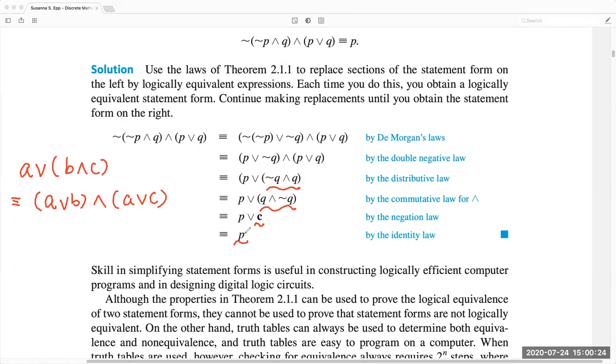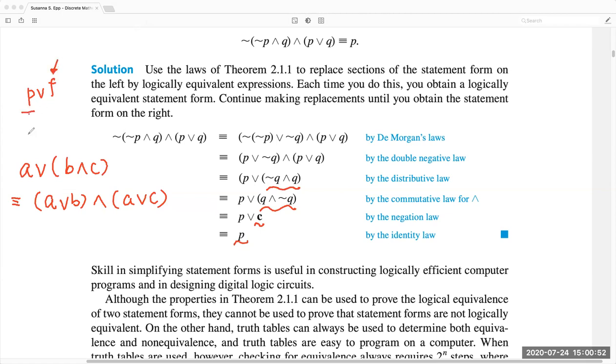I think you may need to spend some time on doing this kind of question to familiarize yourself. Sir, why does P or contradiction give you P? The contradiction is a false statement. So that means P or false statement. If this is an or operation, it doesn't matter whether this one is false or not.